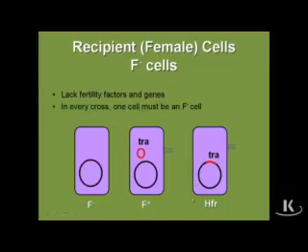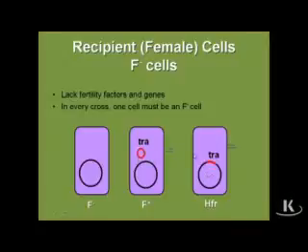So we're going to talk about conjugation between an F+ and an F- cell, and then we're going to talk about conjugation between what we call an HFR cell and an F- cell. In each case, there has to be a recipient or a female cell in the mix. Now, the HFR strain, you can see, has this plasmid integrated into the bacterial chromosome. So HFR stands for high frequency of recombination. So those are the crosses we're going to be looking at.